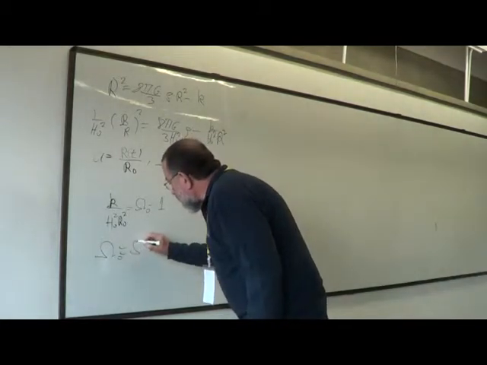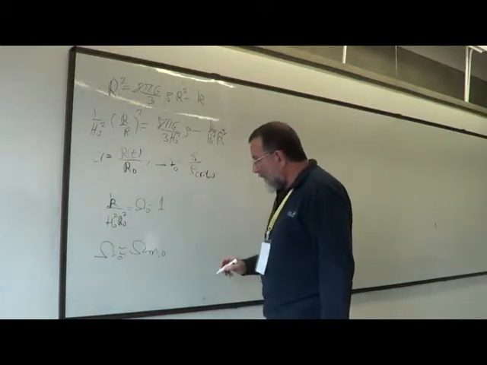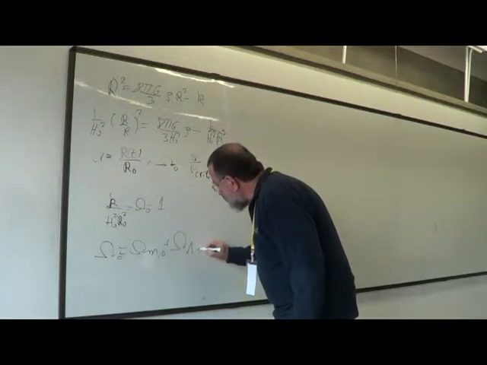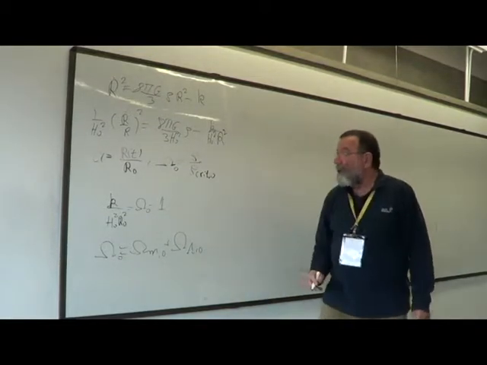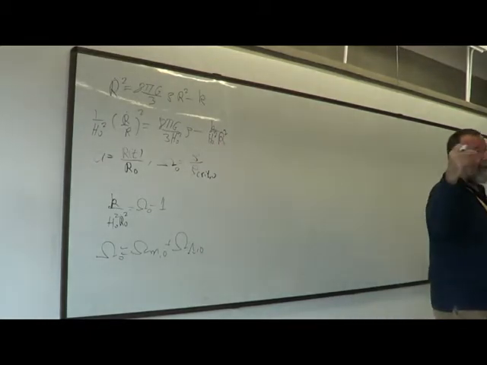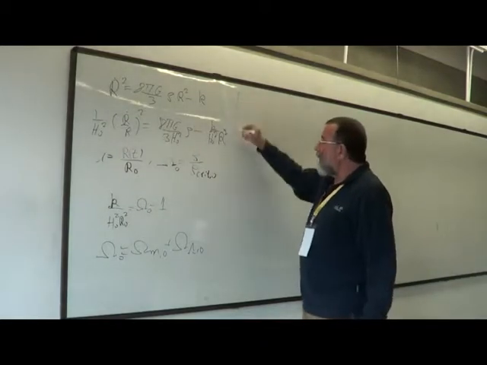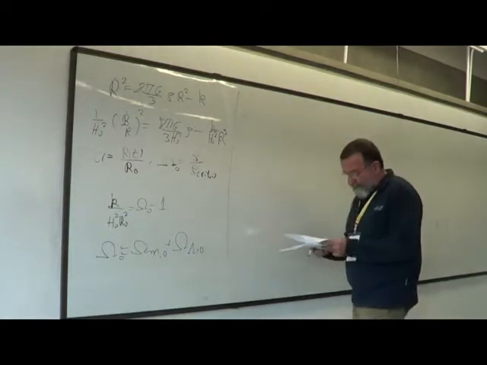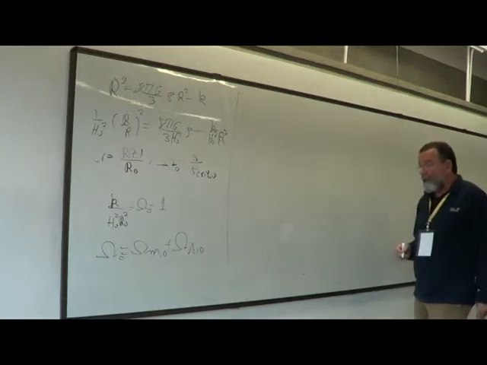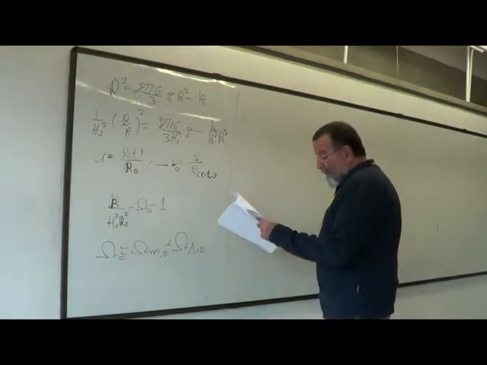So let's write it as Ω matter at present time plus Ω lambda at present time. And ρ that stands here is again the sum of the density coming from the cold component plus the one coming from the lambda term.